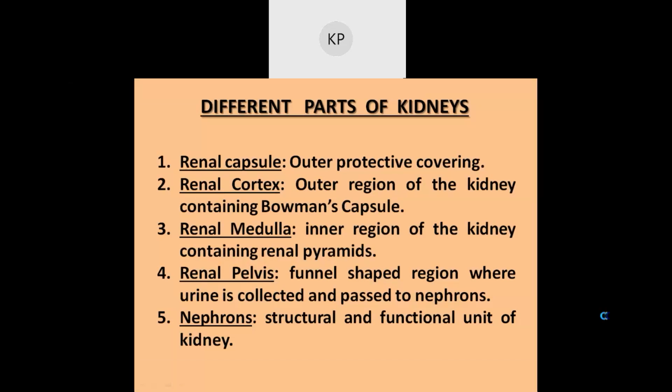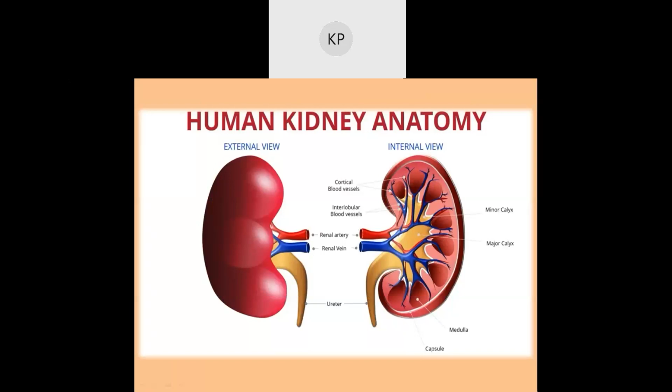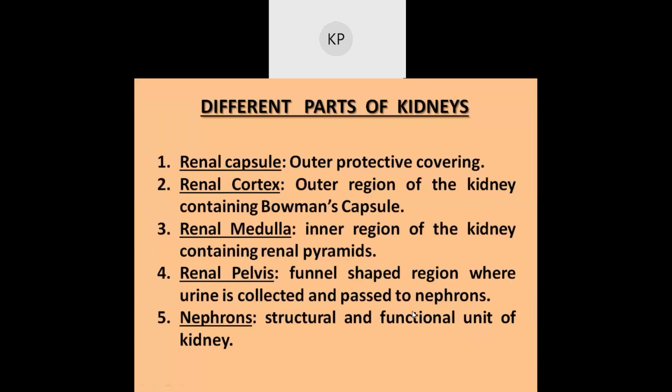A layer of renal fat and renal fascia is above the renal capsule. Here, this white structure is the renal capsule. The renal fat between renal fascia and capsule functions as shock absorbers.